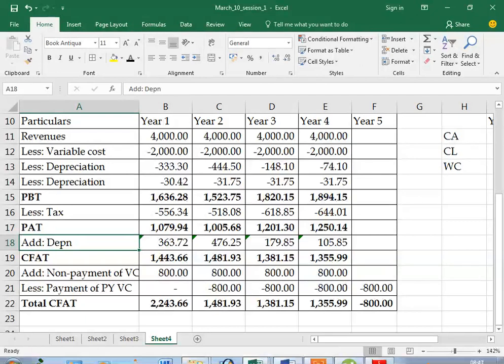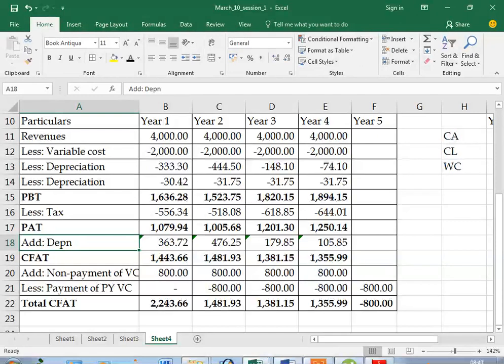Any doubts in this? Do the terminal flow calculation, three things: equipment, building, and recapture of working capital. You will have to consider the sale value less book value, all of that has to be done.